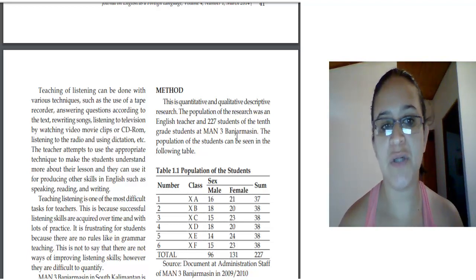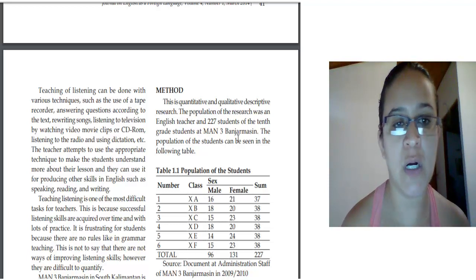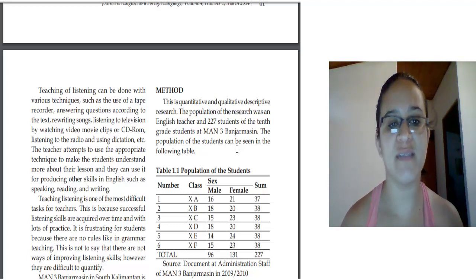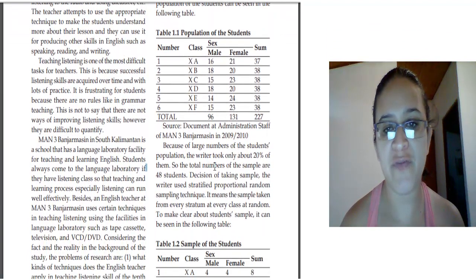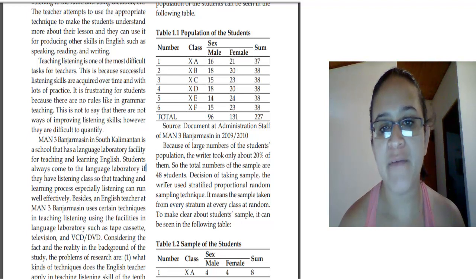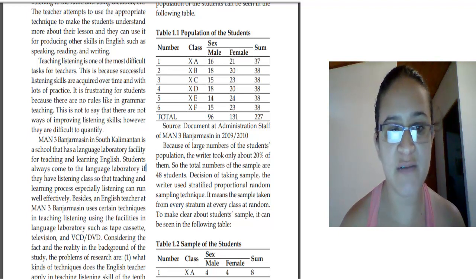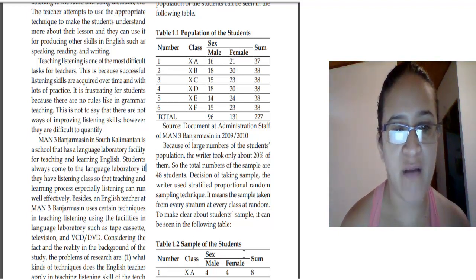This population was reduced to 20%, so we finally have 48 students and a teacher. And then they describe the principal characteristics such as class, sex, and number.